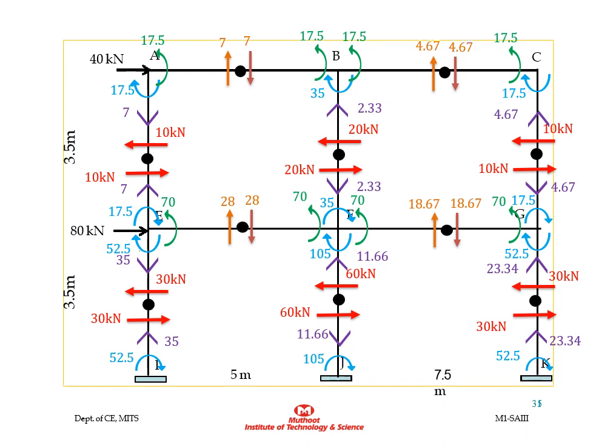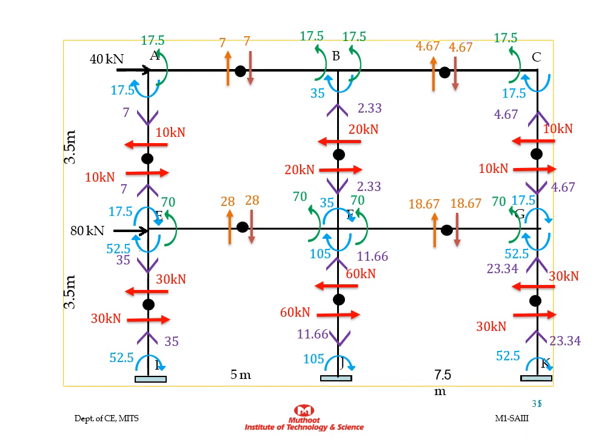Now for column BF, it will be 7 minus 4.67, that is 2.33, acting in the upward direction. Then for column FJ, it will be 28 acting downward minus 2.33 acting downward plus 18.67 acting upward.